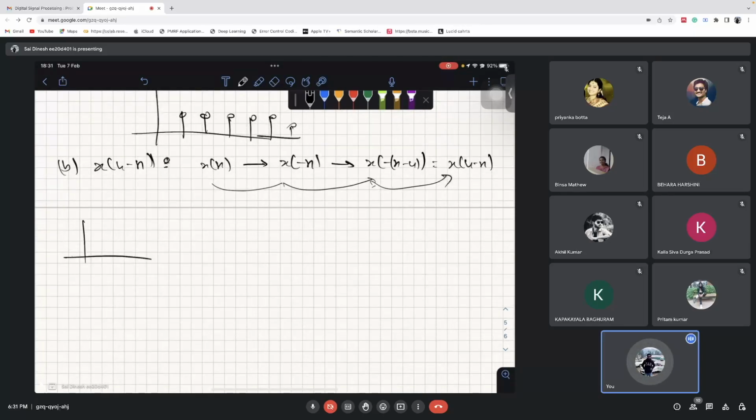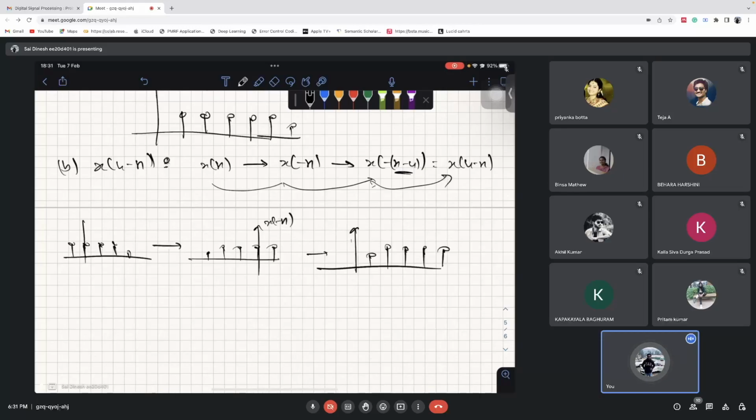So x of n, roughly, is something like this. x of minus n would be this, and then delayed by 4 samples, right? So it should be something like this. So this is x of 4 minus n.